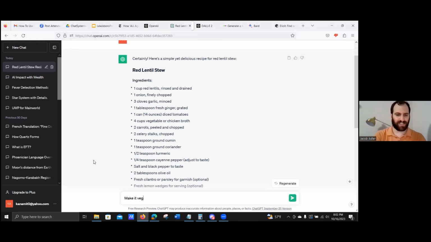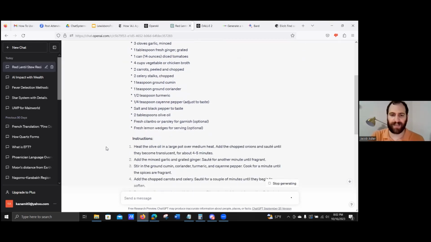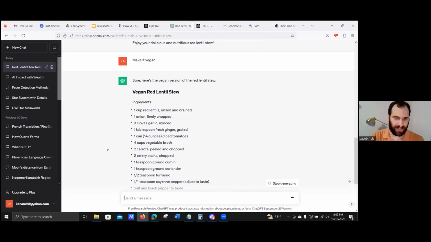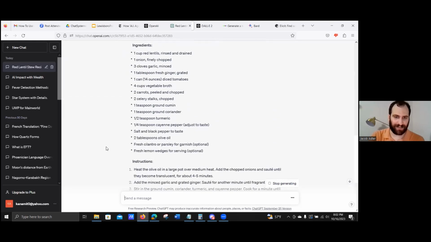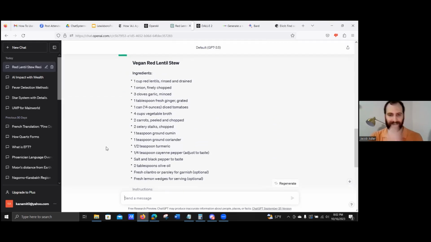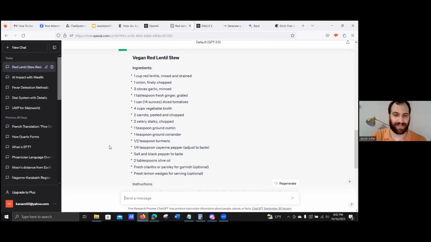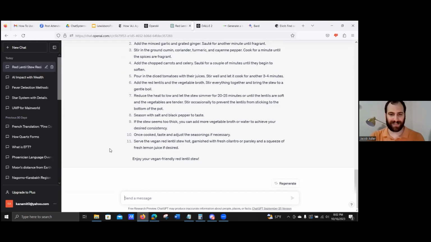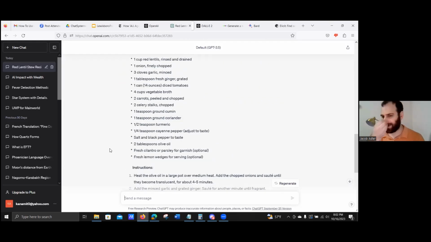So there are advantages and disadvantages to each, and it takes some experimentation to figure out some of that. Okay, so it's giving me the vegan version here. I'm not sure if I personally am going to eat that, but that would be very useful to someone who is vegan, for example.